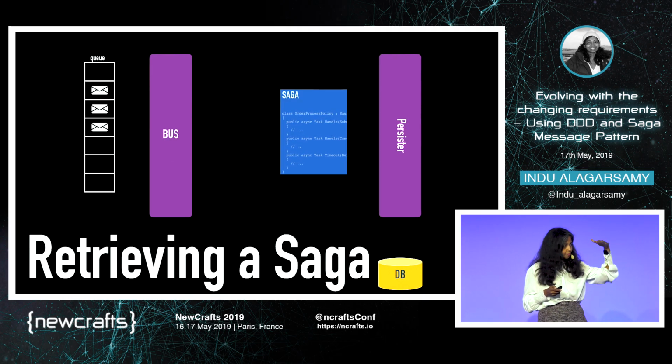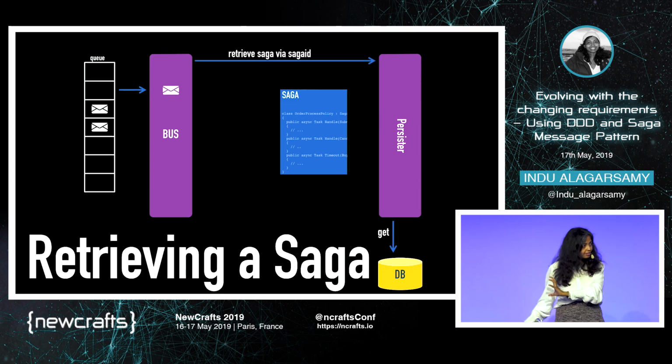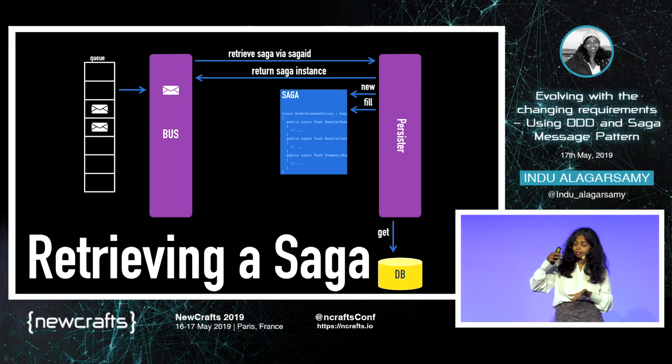Now, when another message that's part of the same saga comes in, what first happens is that the saga instance that was stored is retrieved, and that object is hydrated with the current state information that was stored from the persistence. So now you have the Saga instance object, and then that message is dispatched to the second handler, which participates in that process.